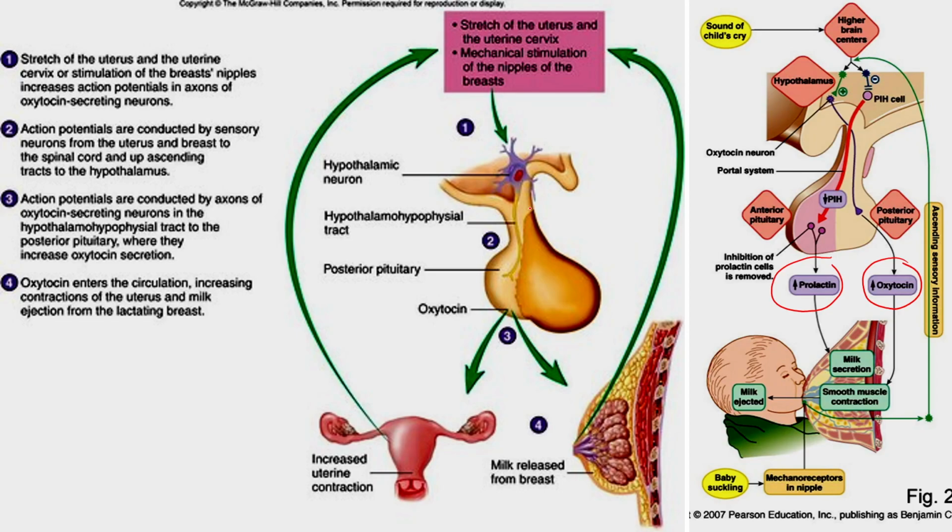But there are really times na maraming ganito yung problem sa mga mothers na although milk is really being produced in the breast, if oxytocin is not present, wala pa rin pong lalabas. So kaya nga dapat kasabayan sila because prolactin is for the production, oxytocin is for the ejection para lalabas yung milk dun sa ating nipples, and then of course for our baby to be able to drink the milk. So again, please do not confuse the roles of prolactin and oxytocin. Prolactin is for milk production, oxytocin is ejection.